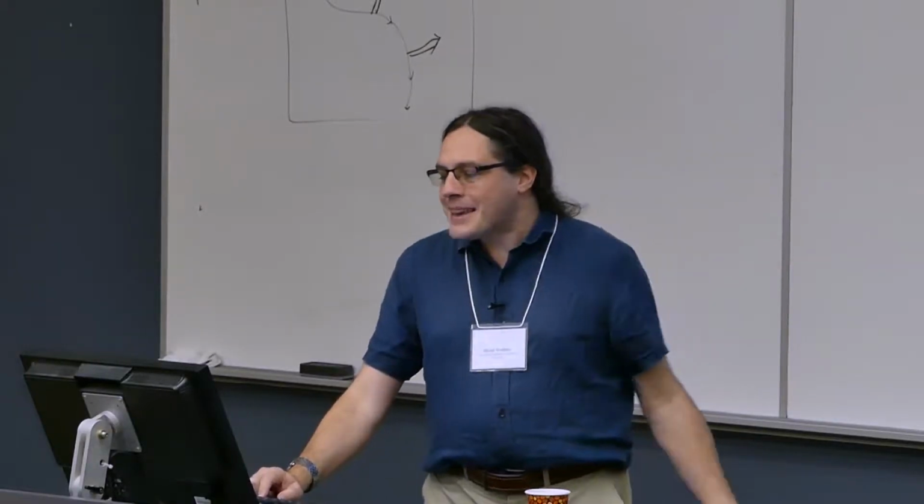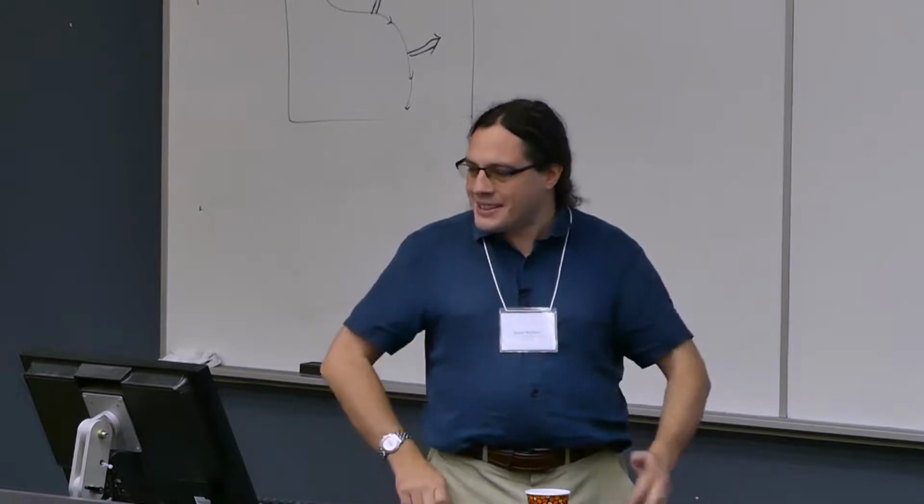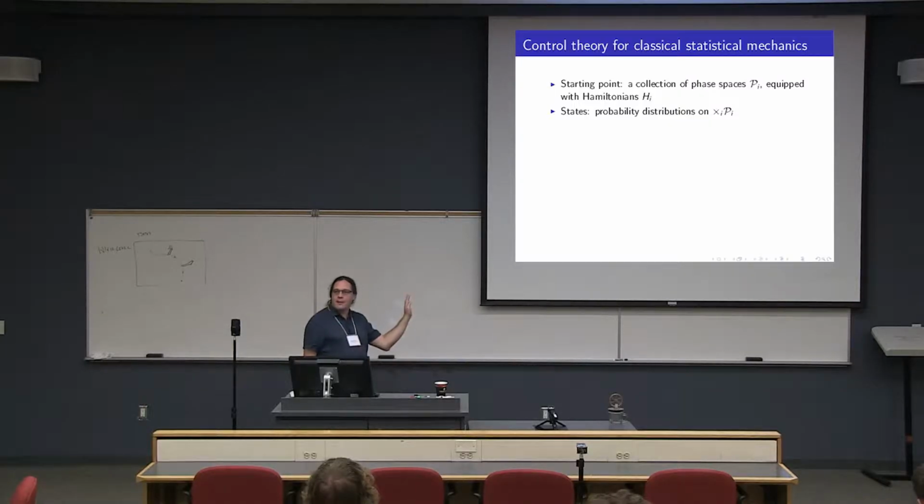So my full phase space is something like the product of all of these phase spaces. There's a special case you could consider the control theory where I've just got one phase space in one system. And I'm characterizing the states as probability distributions on the product of that collection of phase spaces. I'll come back in just a moment to say to what extent that way of characterizing states is and isn't innocuous.